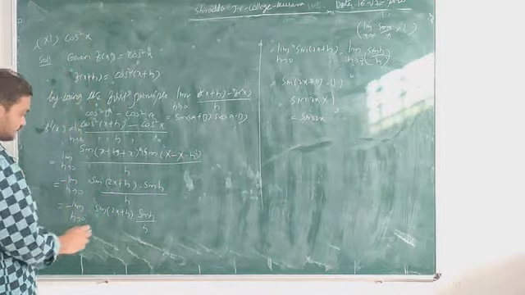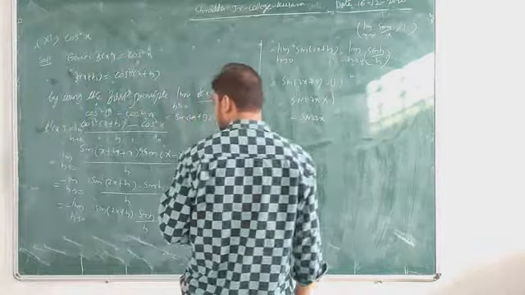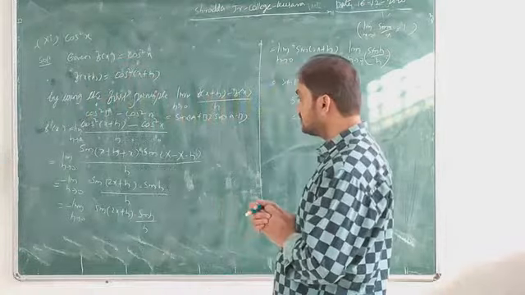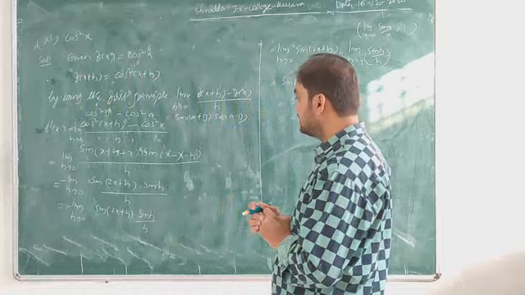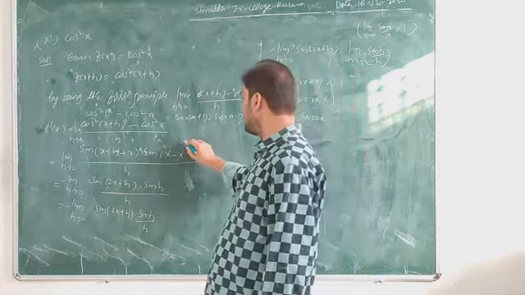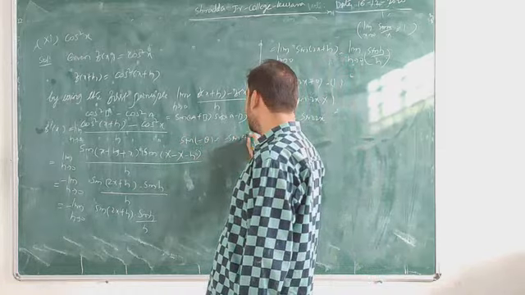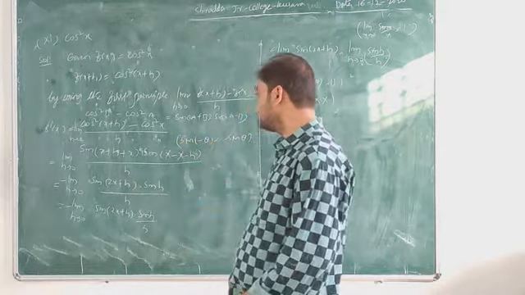Now here, minus limit h tends to 0 of sin(2x+h) into sin(-h). Here we are applying the formula, that is sin of minus theta equals minus sin theta.